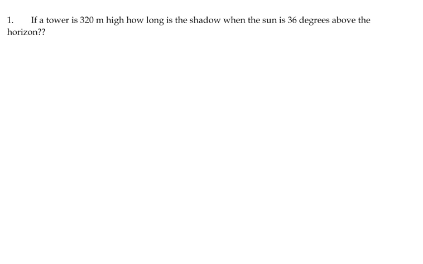All right, guys, do I have your attention? Do you want to draw this picture, please? If a tower is 320 meters high, how long is the shadow when the sun is 36 degrees above the horizon? So what would that look like? What shape are we dealing with here? Always, we're dealing with a right triangle.